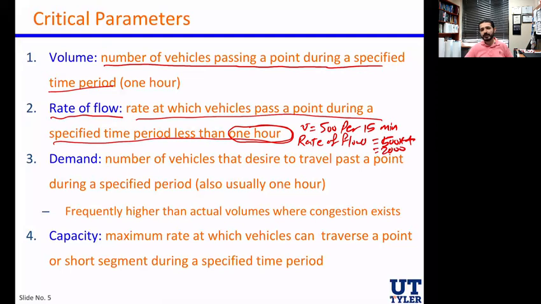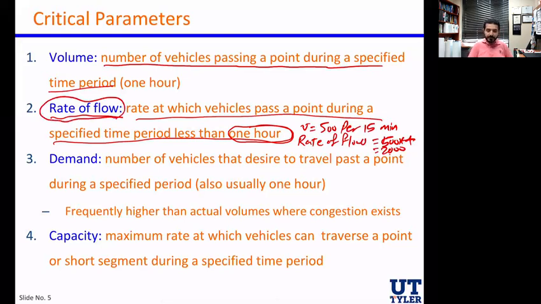So that 2,000 vehicles per hour is not a true volume because you did not stay there for 1 full hour. If you were to stay for 1 full hour, you probably are not going to see exactly 2,000. It might be a little bit higher, a little bit lower, like what we discussed in chapter 5. But if you stay there only for 15 minutes and then multiply by 4, that's why we call it rate of flow instead of a volume.